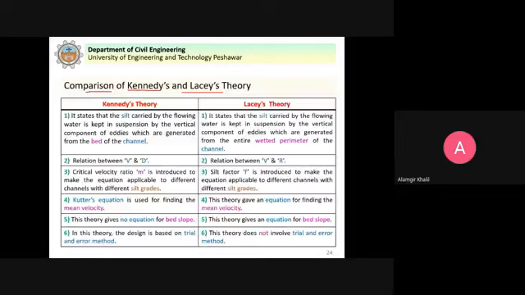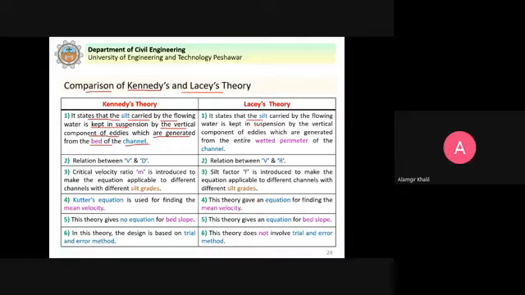Next, we discuss the comparison of Kennedy and Lacey's theory. Kennedy's theory states that silt carried by the flowing water is kept in suspension by the vertical component of eddies which are generated from the bed of the channel.